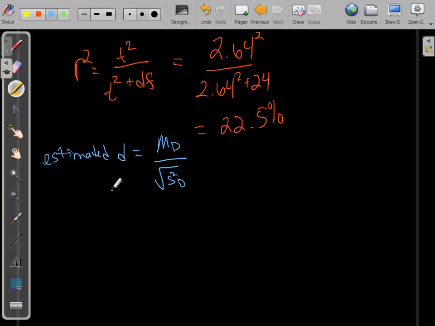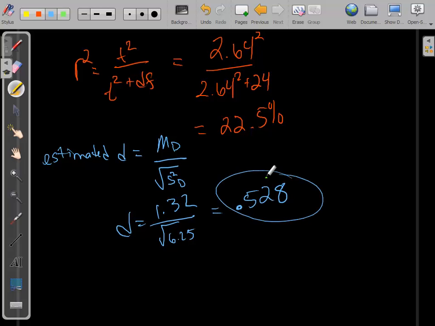So our d is going to be 1.32 over the square root of 6.25, and you end up with 0.528. Okay, so that's our estimated effect size. So about half a point for each person, and that's not bad. We were saying that the mean difference was 1.32, but the difference in our treatment is only about half a point that we can account for, which kind of makes sense.